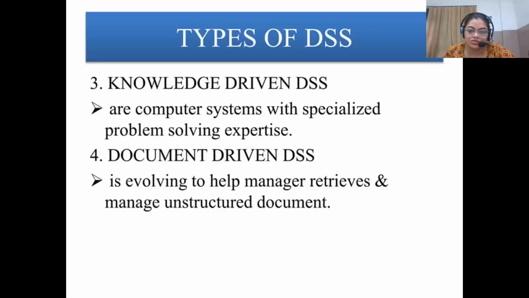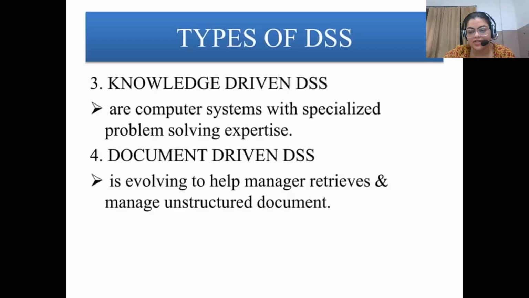Next is document-driven DSS. This DSS helps managers retrieve and manage unstructured documents. A document-driven DSS is a type of information management system that uses documents to retrieve data. It enables users to search web pages or databases or find specific search terms.